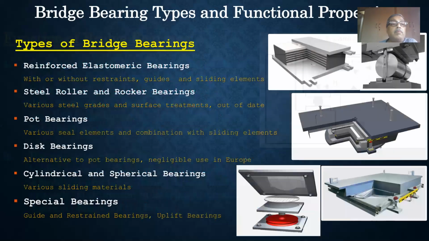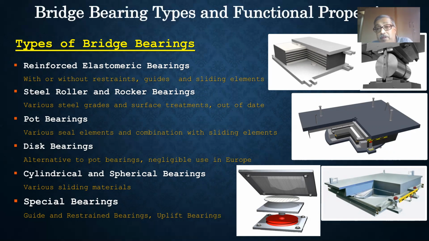The types of bridge bearings are many. Since the middle of the last century, many modern bearings have come in. Prior to that, for most bridges we used to provide metallic rocker and roller bearings, but today rocker and roller bearings are becoming out of date, and the other modern bearings, which are called HLMR, that is high load multi rotational bearings, like pot bearings, disc bearings, spherical bearings have come into existence, and they are performing.